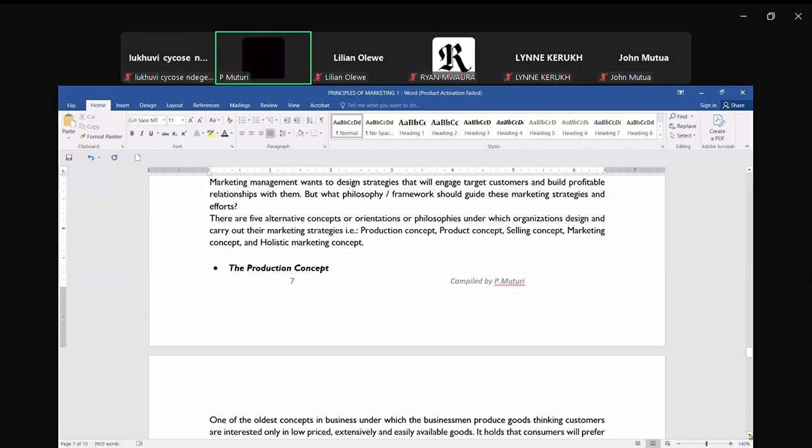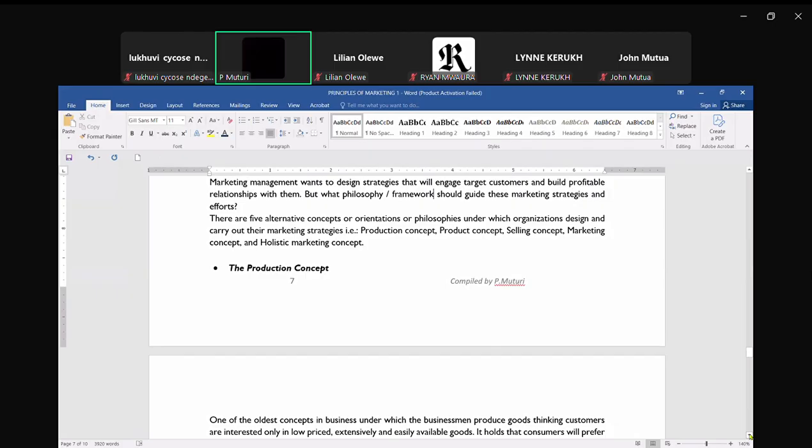And these philosophies or orientations also look at how marketing has been evolving, how marketing has been developing. So it's also about the evolution of marketing, how marketing has been growing from when it was first studied as an area. Historically, marketing was really a part of economics as a discipline.